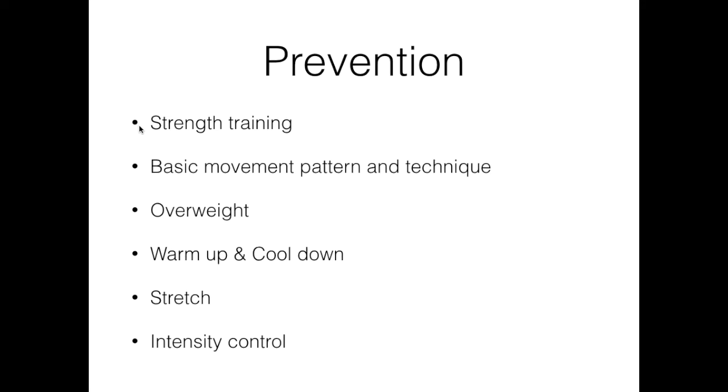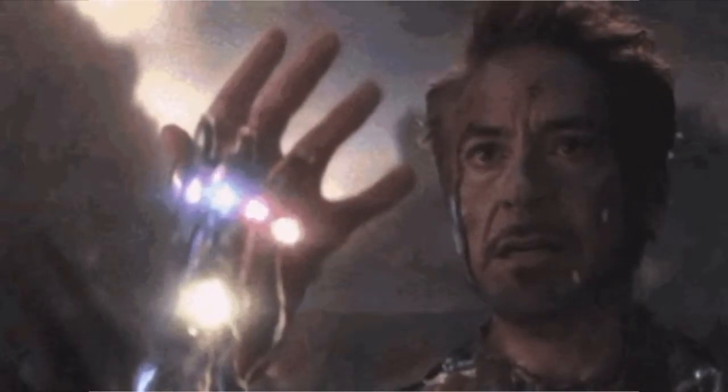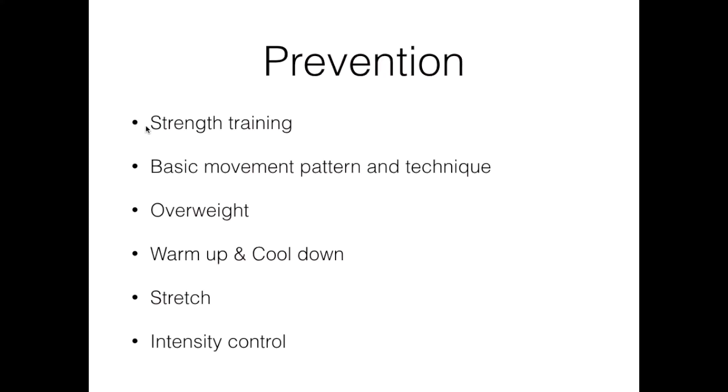It doesn't happen with a snap of a finger. And which is why a lot of people tend to go the opposite route. Instead of increasing strength, they try to decrease the weight if the patient is overweight. However, being overweight does increase a lot of risk of getting into different chronic diseases. So it's good to also bring down the weight, but particularly for knee pain, there is that link over there.